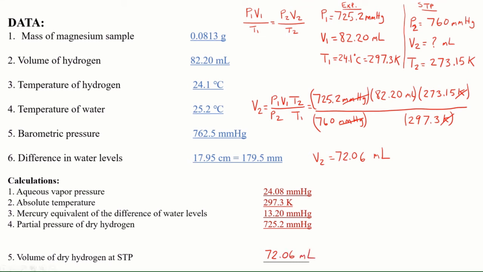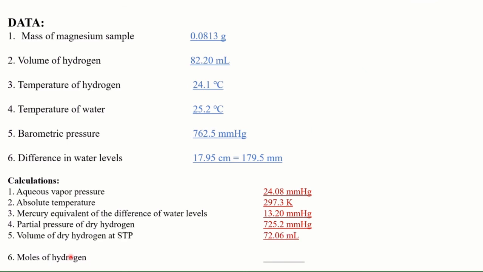Makes sense because we will have a much lower volume of gas at a lower temperature. So at 0 degrees Celsius, the volume will be 72, compared to at 24 degrees Celsius, the volume will be 82. Line 6 of the calculation is asking for moles of hydrogen.